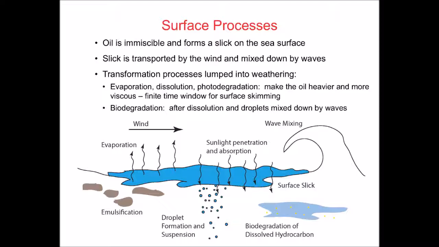And when you do that, you are changing the interfacial tension of the oil, trying to get it to break up out of the slick, so that the available mixing energy of the wind and the waves can push it down below the free surface.